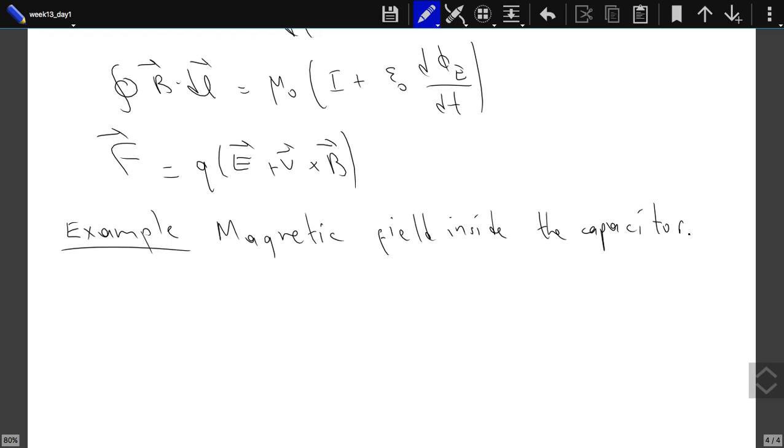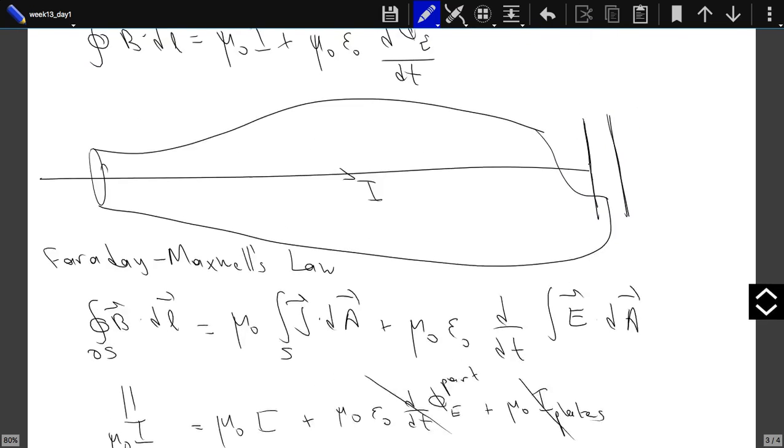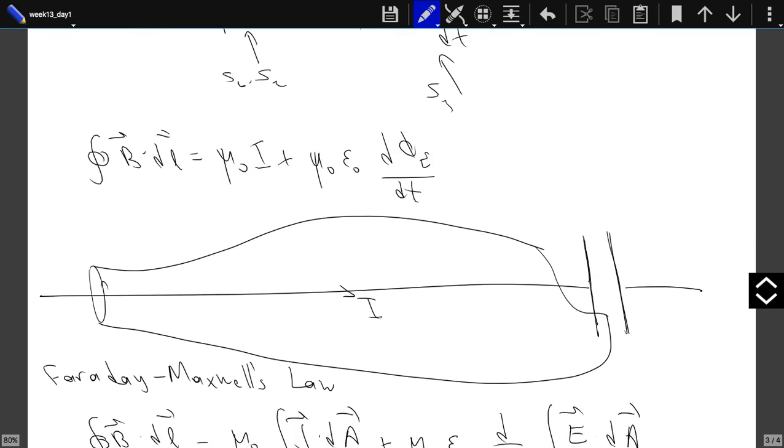Well, you see, this term over here just behaves like a current in the sense that it creates a magnetic field. It acts as if, I'm not saying that it is, but it acts as if the current doesn't stop over here, but continues, but not in the form of moving charges, but in the form of changing electric field. It just acts like that.